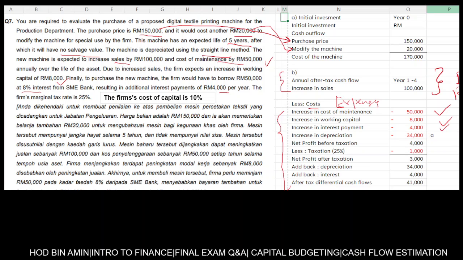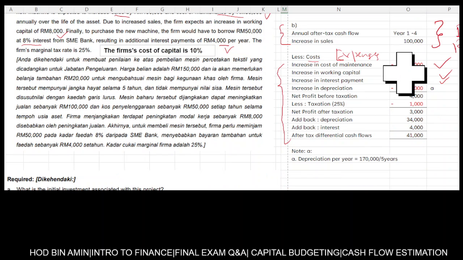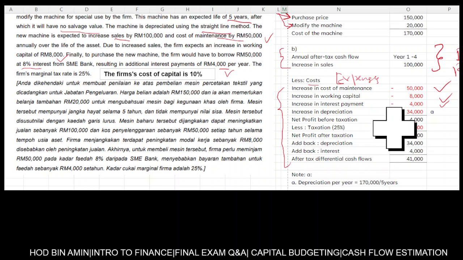And the question has given you the figure of 4,000 for interest, and also increasing depreciation of 34,000. This 34,000 is derived from the cost of machine 170,000 divided by 5 years, then you get 34,000.